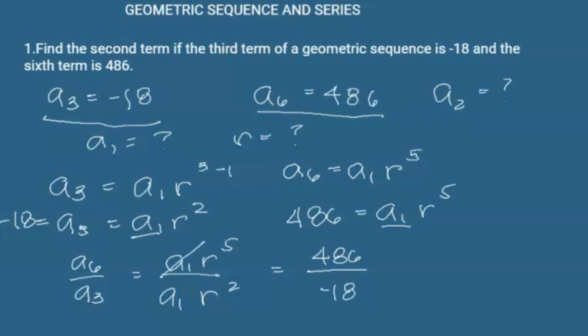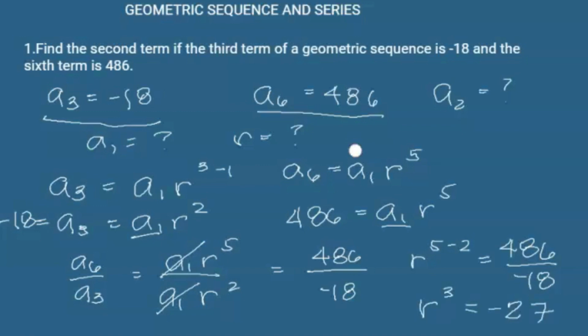We can cancel a sub 1, and r to the fifth over r squared will be r raised to 5 minus 2 using the laws of exponents, equal to 486 over -18. So r cubed is equal to -27. Therefore, r is equal to -3.